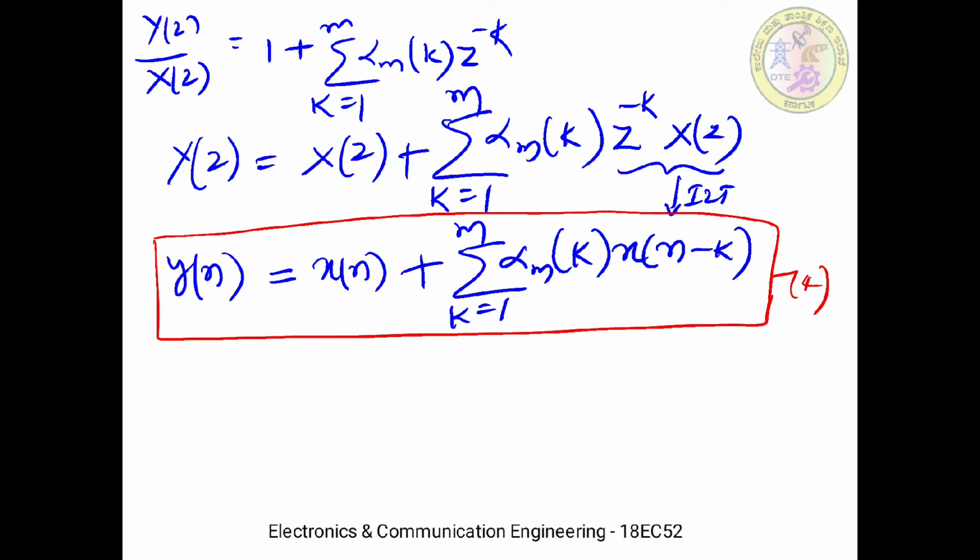As I told you, m represents the order of the filter. So let us begin developing the lattice structure by considering the first order, that is m equal to 1.